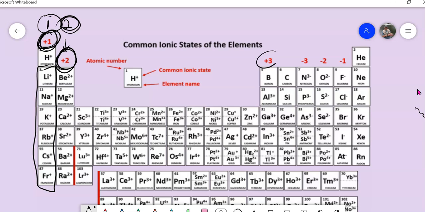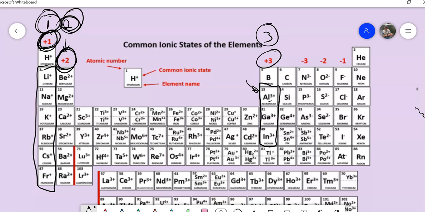We can move over here as well to the group that aluminum is part of. And we notice that typically elements in this group have 3 valence electrons. Remember we said one valence electron, 2 valence electrons, 3 here. Okay. So again, because they're metals and they have 3 valence electrons, metals typically lose electrons when they become ions.